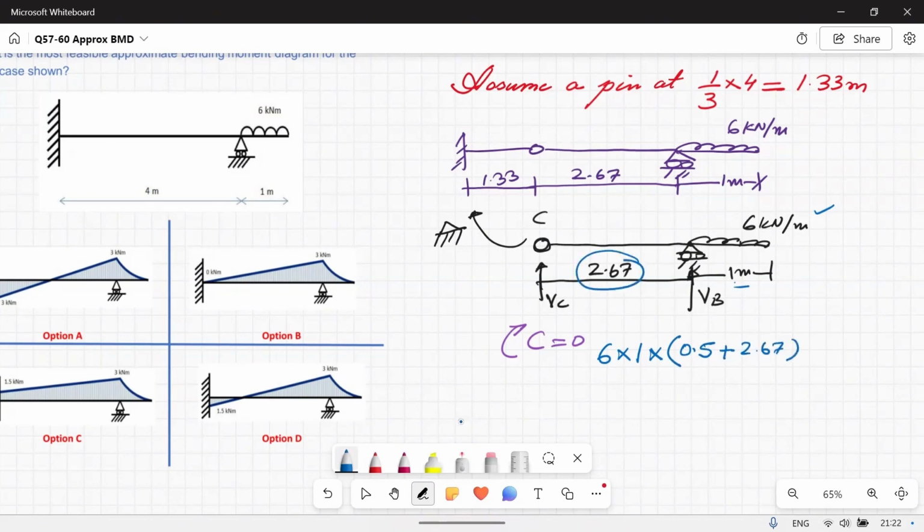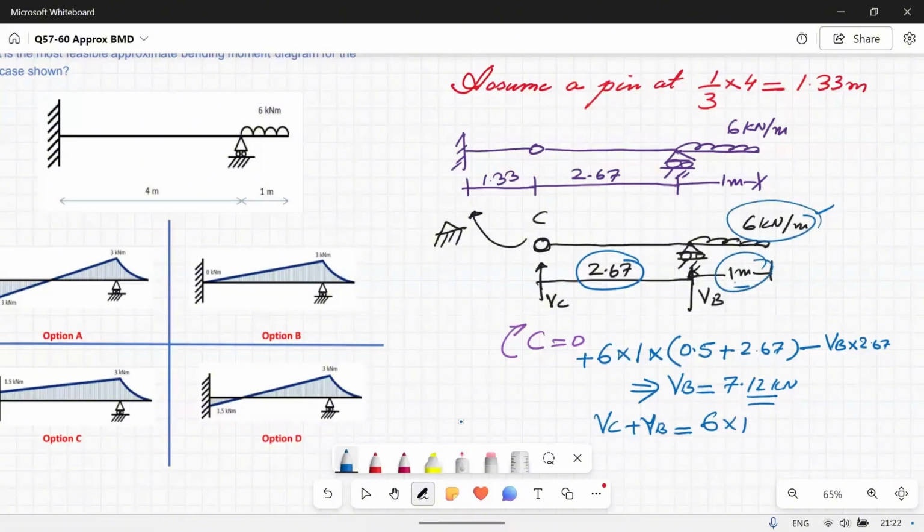This is creating clockwise moment, so that's why it's positive, and then negative VB times 2.67. So if I simplify this, I will get value of VB as 7.12 kilonewton, and VC plus VB is equal to total load. Total load is 6 times 1.